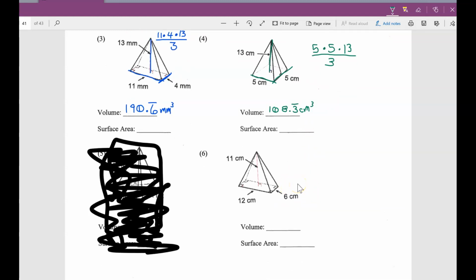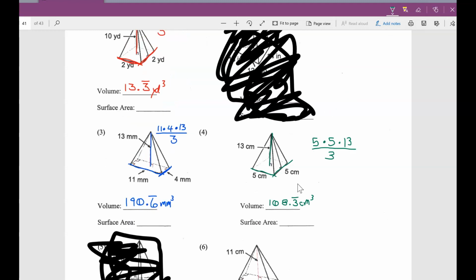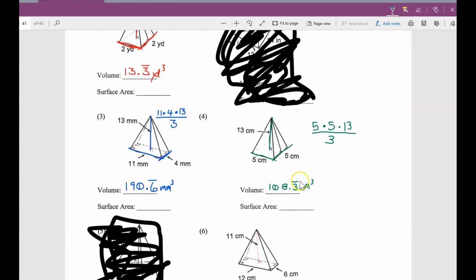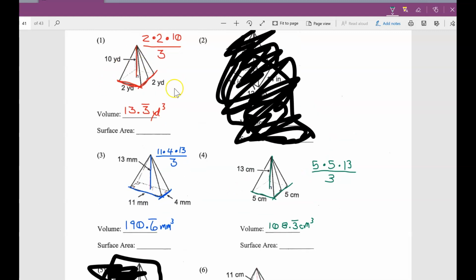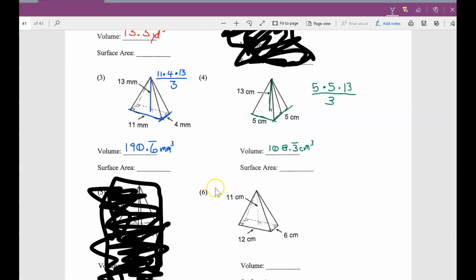You'll notice on this particular worksheet, I haven't given you any trick measurements. I haven't given you any red herrings, or I haven't listed any measurements on the drawings that you don't need. Every problem on this worksheet and on the worksheet you'll do for homework, they always have 3 numbers, and those are the 3 numbers you need to worry about. You may run into future problems where there are additional measurements given that you don't need, but I'm not playing tricks on you this time.